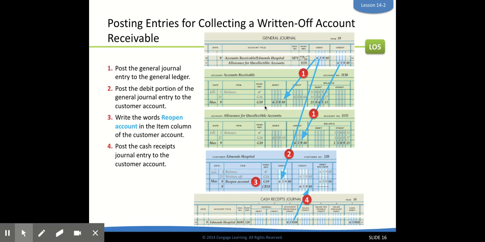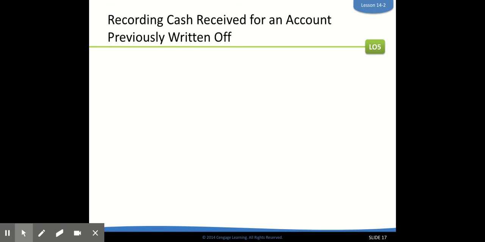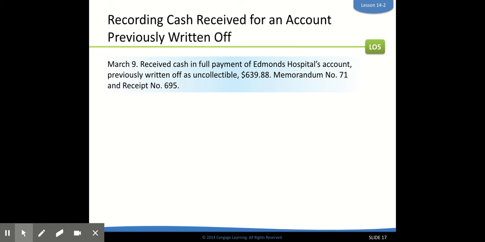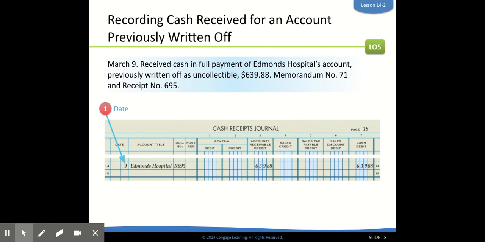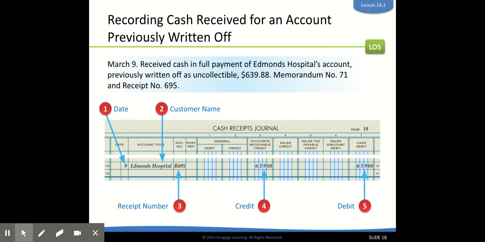We'll go into the cash receipts journal. We need to debit cash and credit accounts receivable. Crediting the accounts receivable account will zero out their balance, and we debit cash.